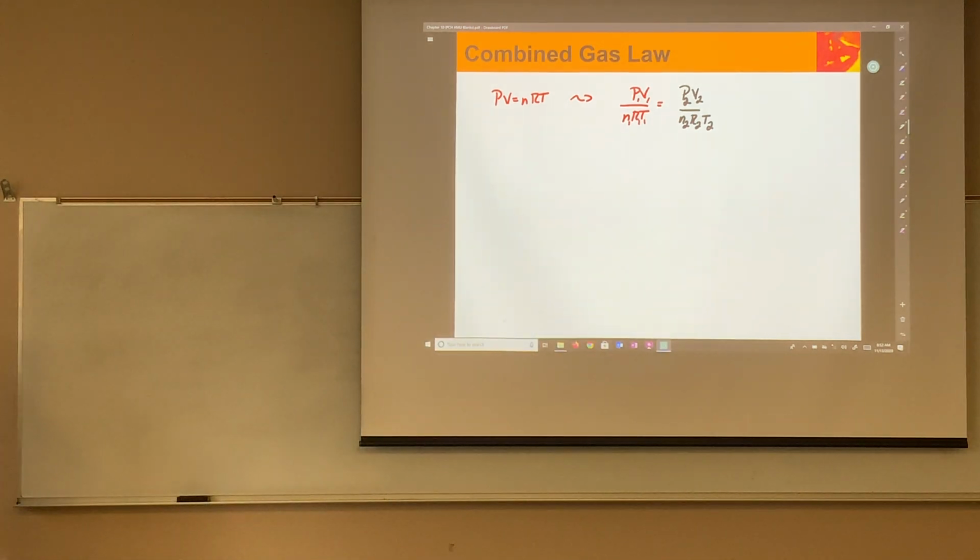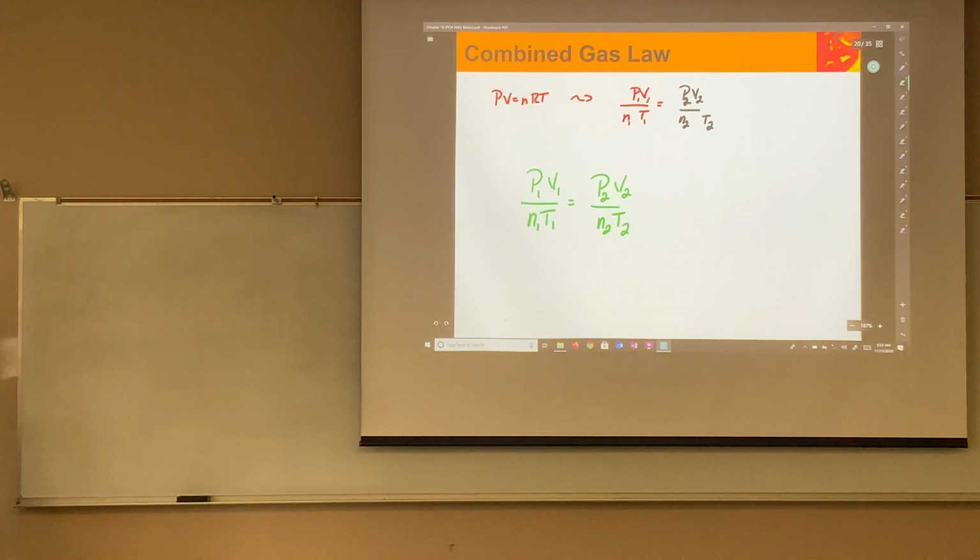Let's simplify the equation for a bit. How does a constant change? Not much. In fact, it doesn't change at all, so we can just get rid of R because it's a constant. And so to simplify, P1 V1 over n1 T1 equals P2 V2 over n2 T2.